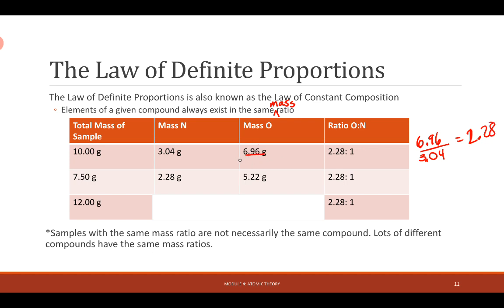So you divide each one by the smallest, and then you'll set that equal to 1, and the other would be equal to 2.28.